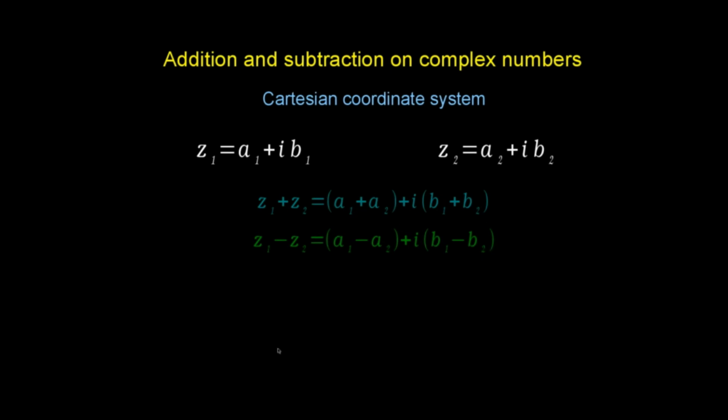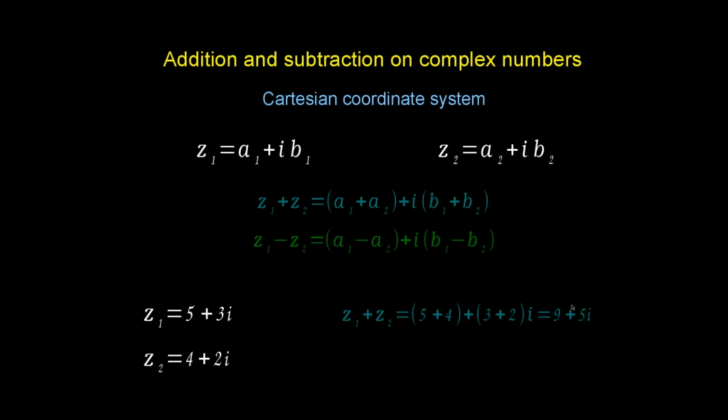Let's take an example, and for instance we have this complex z1 which is equal to 5 plus 3i, and z2 which is equal to 4 plus 2i. So we have here the real parts 5 and 4 and the imaginary parts 3 and 2. So the addition of these two complexes will be given by z1 plus z2 equal to the sum of the real parts 5 plus 4 plus the addition of the two imaginary parts 3 plus 2.